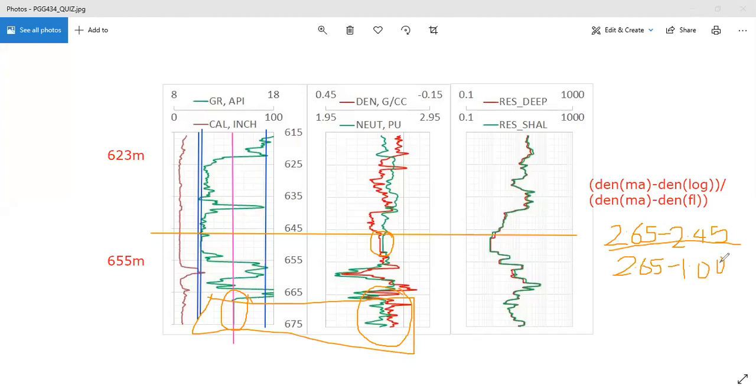If you were looking for the density in the hydrocarbon zone, you're going to use 0.9. You remember I gave that. So this is going to be 0.2, I guess. 0.2 divided by 1.65, and then you can do the remaining math. That's for calculation of porosity.